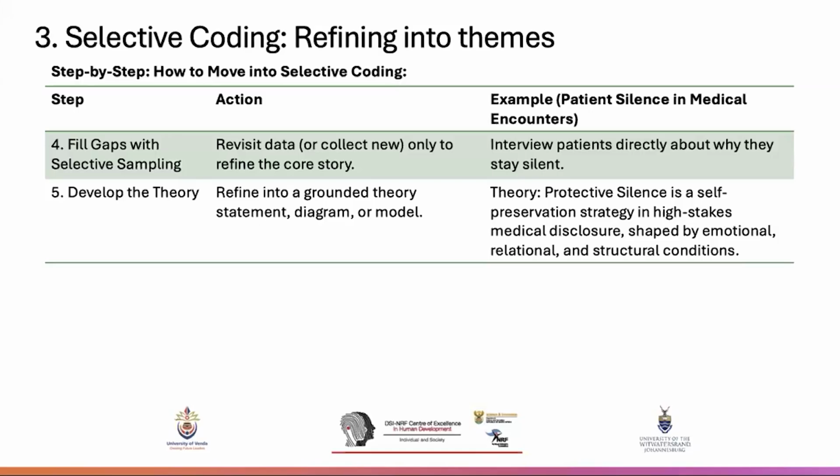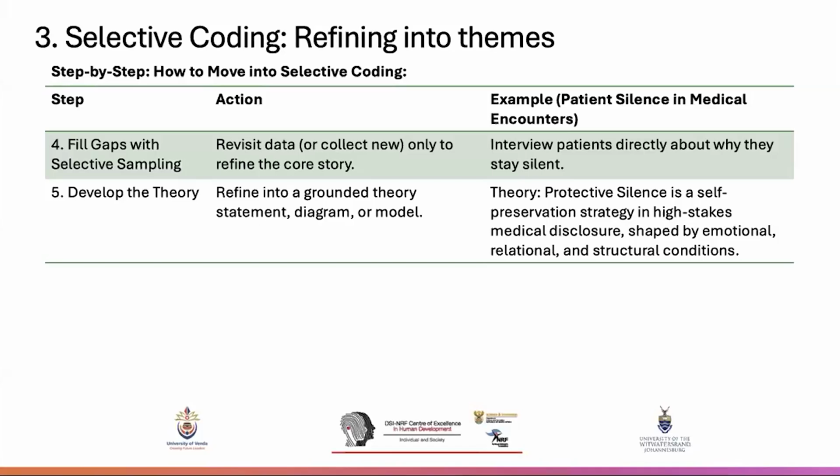And this is where you get to refine your theory into a grounded theory statement. And this is where you can also get to have a diagram that explains your theory, or a model. And for those who are familiar with this process, you would actually have something like a conceptual diagram that will help you explain this theory that you're having.